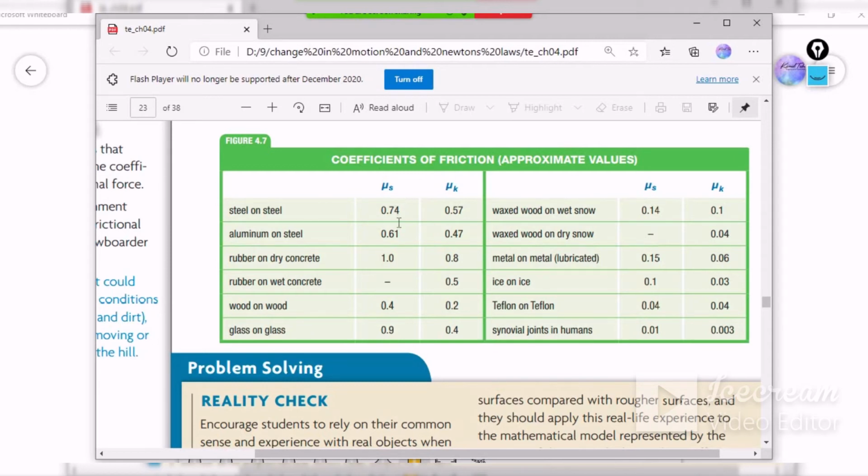And the static friction is not like the kinetic friction. You can realize that the kinetic friction will be less than the static friction every time. At the beginning, why? You can realize that when you push the object at rest, it is not like the object in motion.